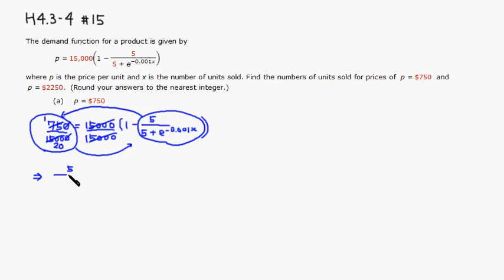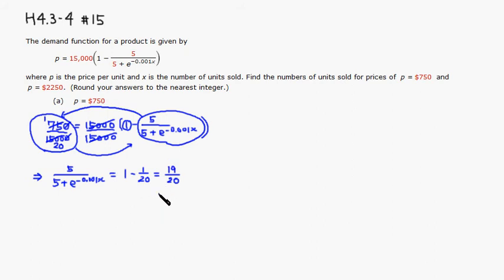So 5 over (5 plus e to the negative 0.001x) is equal to 1 minus 1 over 20, which is easy to simplify. 1 is 20 over 20, minus 1 over 20 is 19 over 20.